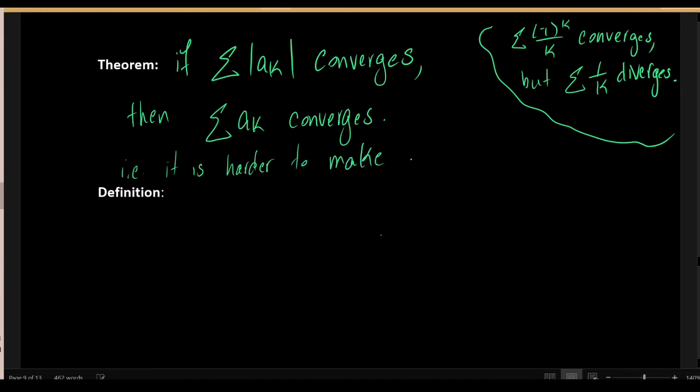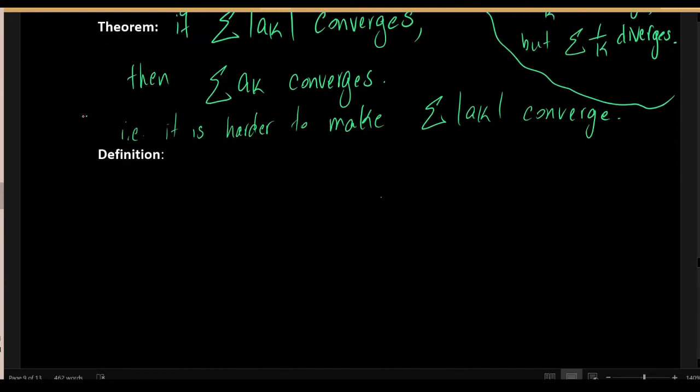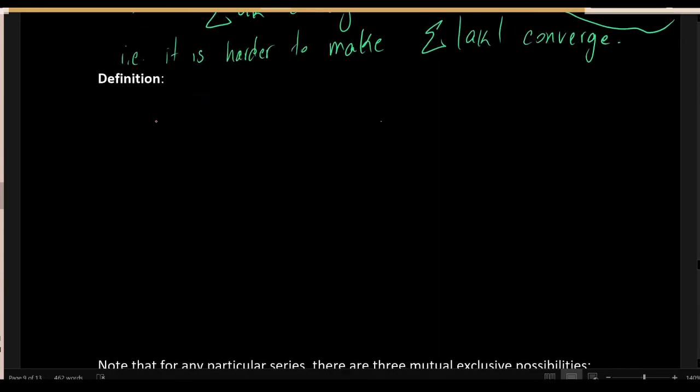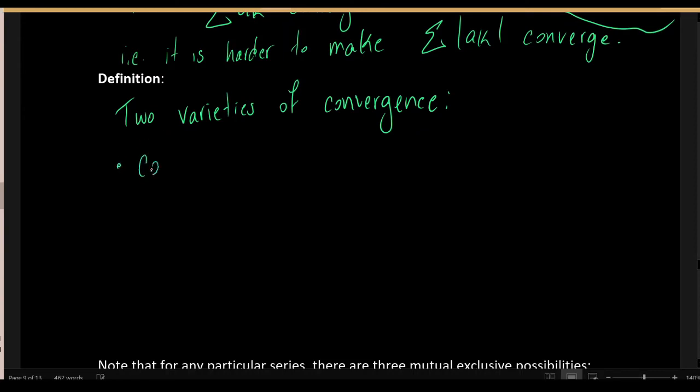In other words, it's harder to make the sum of the absolute values converge than it is to get convergence if you're allowed to have some negative numbers involved in your sequence. Which brings us to the following definitions. Two varieties of convergence. The first variety is called conditional convergence.